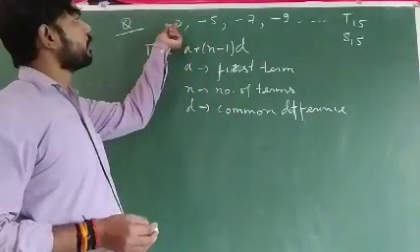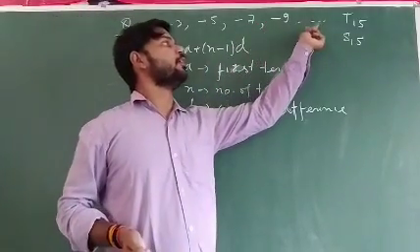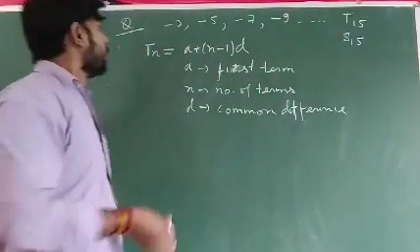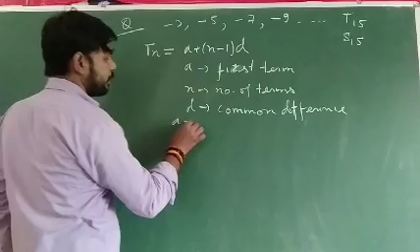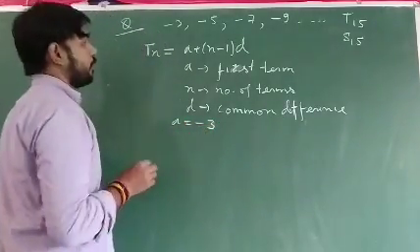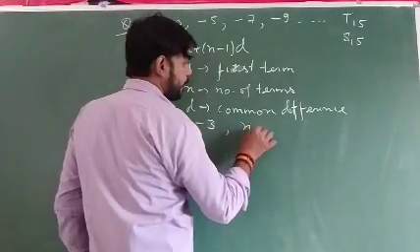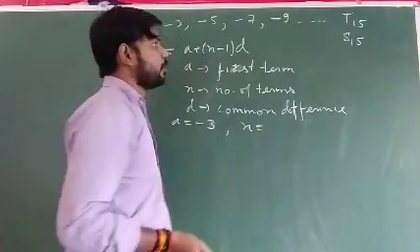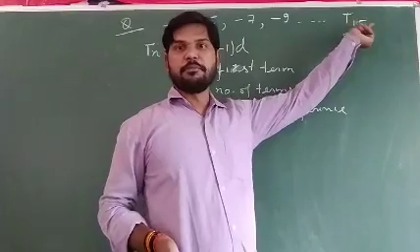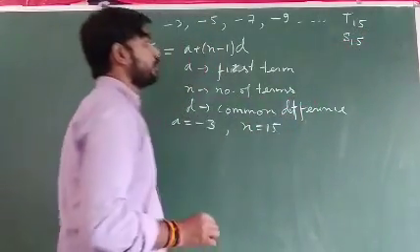Therefore, in our case -3, -5, -7, -9 and so on, the first term a will be -3, and n is unknown here, but it is asked to calculate the 15th term, so in place of n we will use 15.